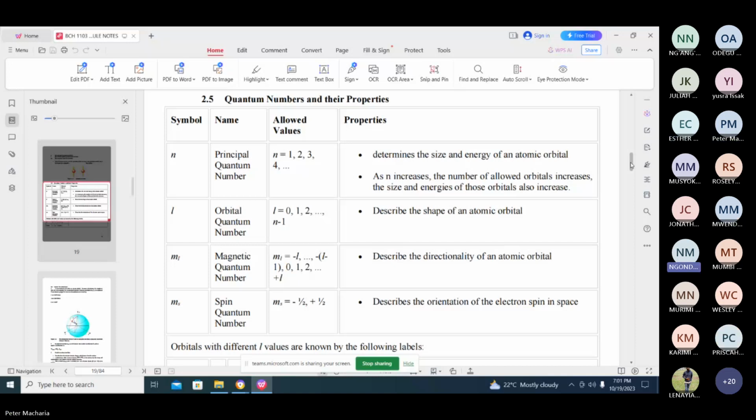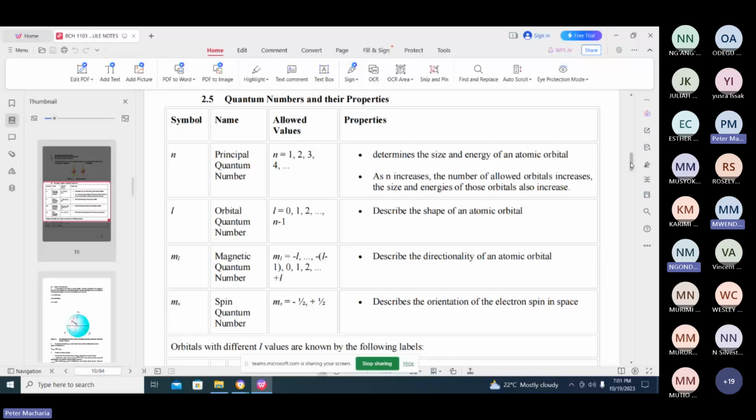If L is equal to 3, what are the possible values? -3, -2, -1, 0, 1, 2, and 3. So those are how many? 7. And that is why the f sublevel has 7 possible orbitals, right?